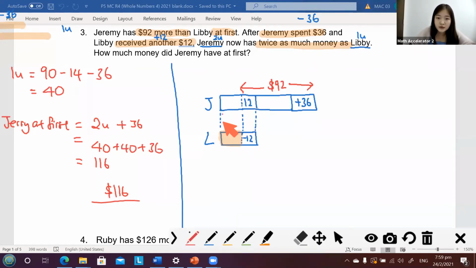Since we know that this is 1 unit, and this is also 1 unit, can you find out what is the value of 1 unit? Test your understanding. Can you choose your answers once you've found 1 unit?